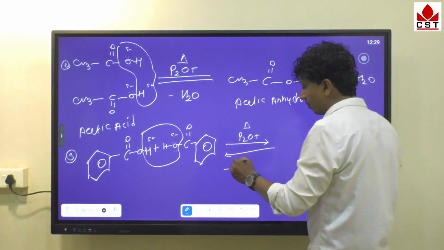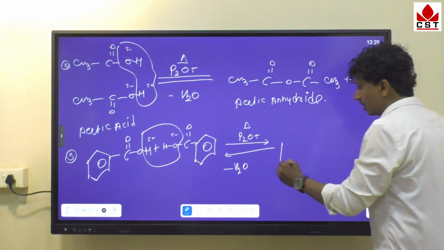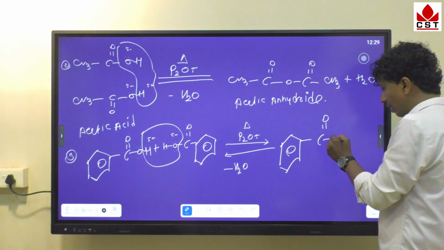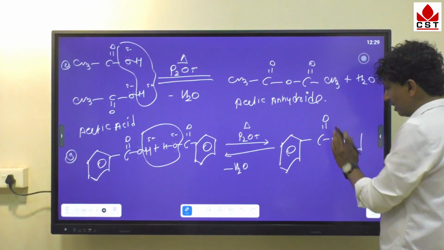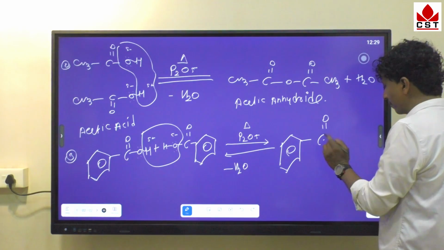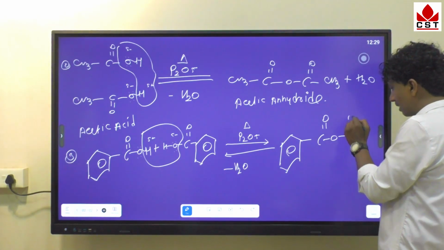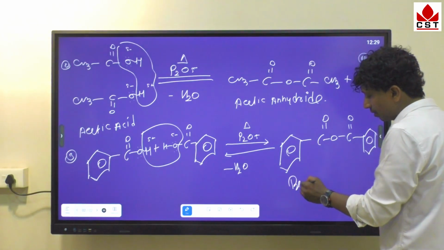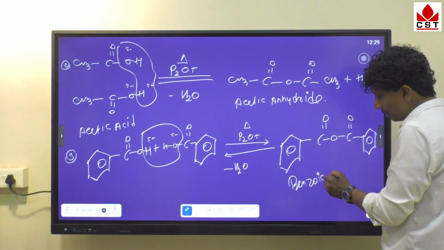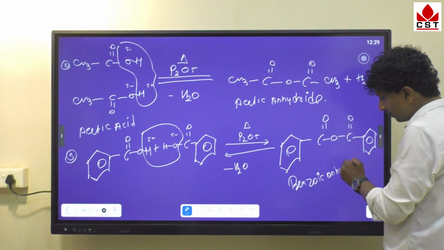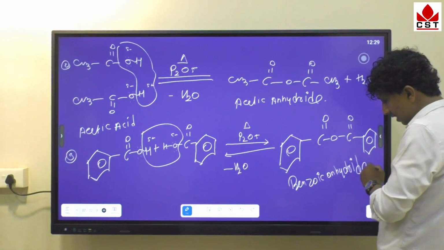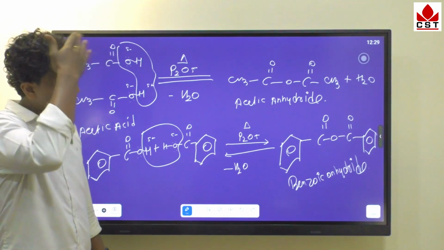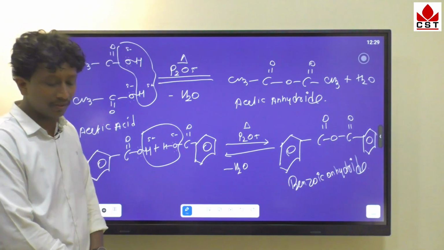OH and H are lost as water, and these two rings are combined by the anhydride linkage. The product is the anhydride of benzoic acid, benzoic anhydride. This very important reaction is completed, and it is called formation of anhydride with the help of P2O5, phosphorus pentoxide.